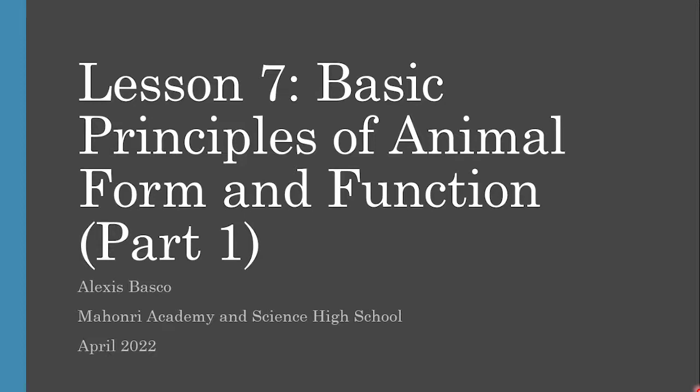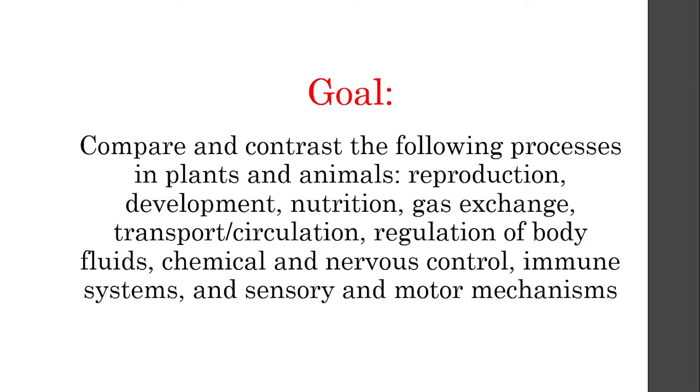Okay, so let's talk about some basic principles of animal form and function. That's basically the goal of today's lesson. We are moving on from talking about plants to talking about animals.